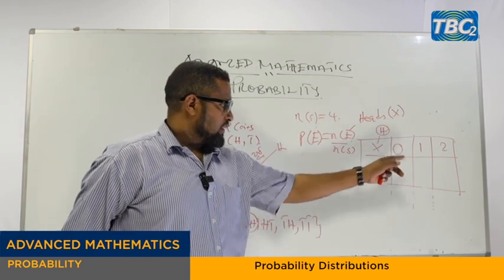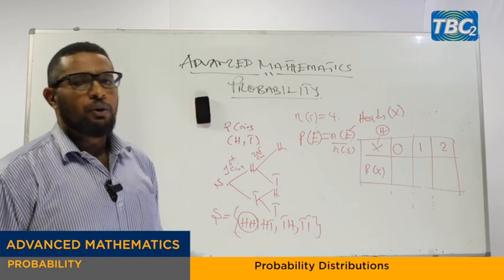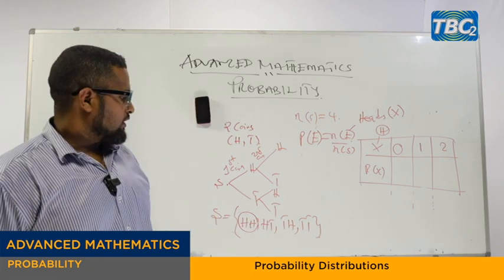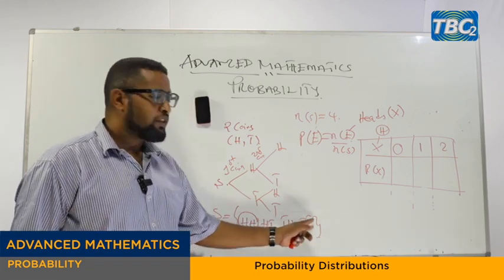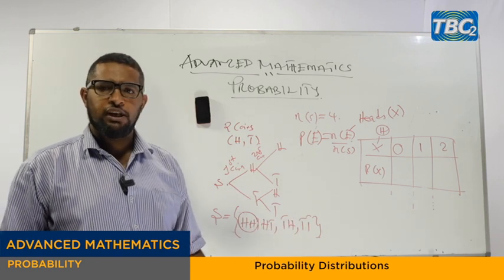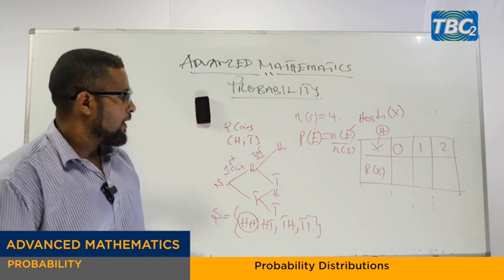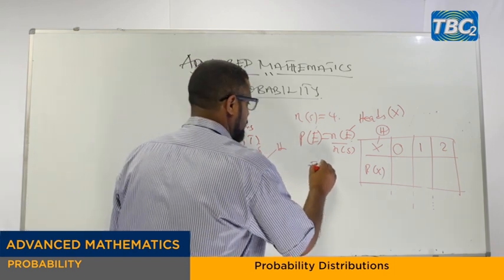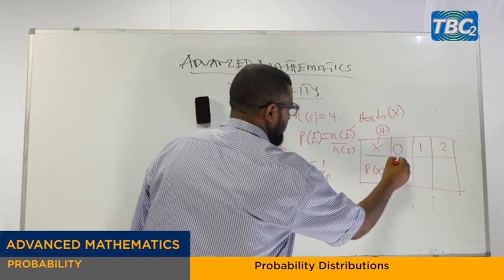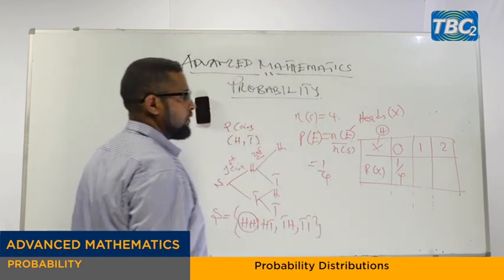Okay. After preparing such kind of table, now it's time to fill. When you don't have h, what is the probability? Look at the outcome which does not contain any h. We have only 1. So it is 1 over 4. So we write here 1 over 4.